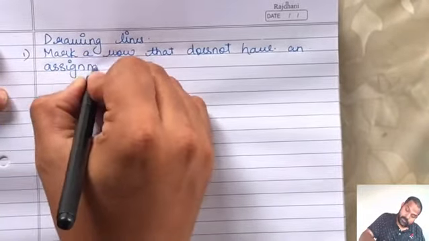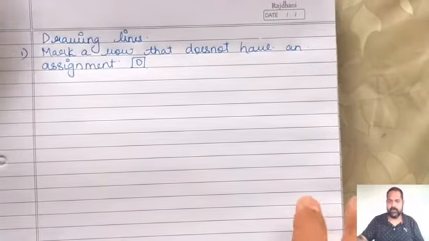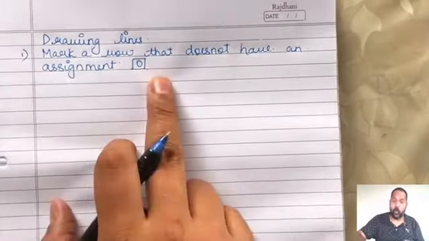So mark a row or figure out that row that does not have an assignment. Obviously, there will be a row that does not have an assignment. Well, we are doing this because we didn't get an assignment in every row. If we would have gotten an assignment in every row, we wouldn't have to do this. So mark a row that does not have an assignment.